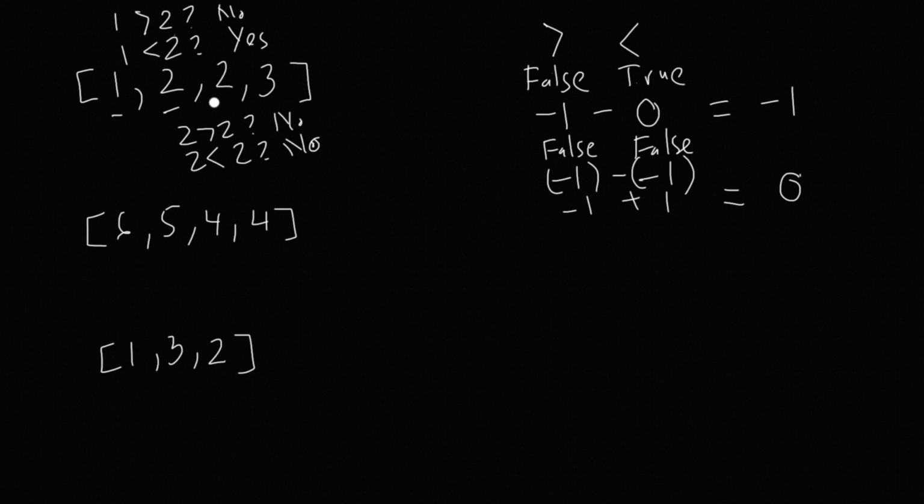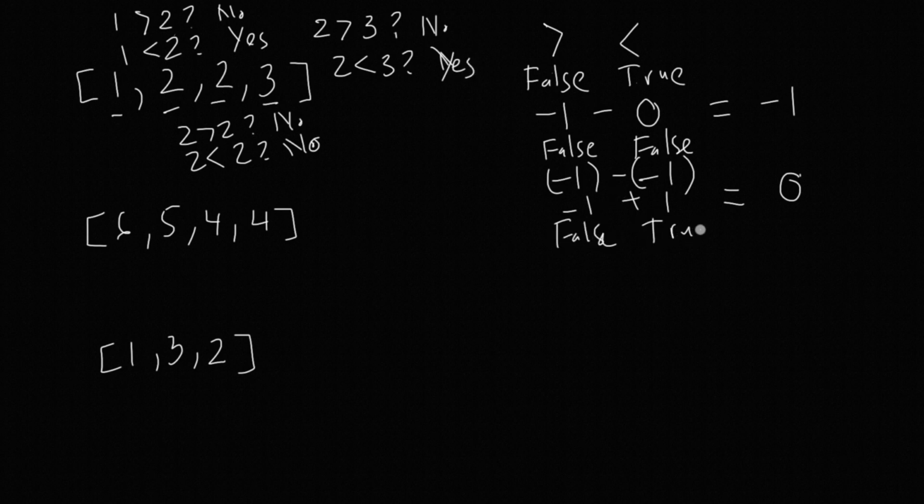Let's compare 2 to 3. Is 2 greater than 3? The answer is no. 2 less than 3? Yes. So we have here false and here it's true. So -1 and 1, same as this condition. Combining these two comparisons, we have -1.